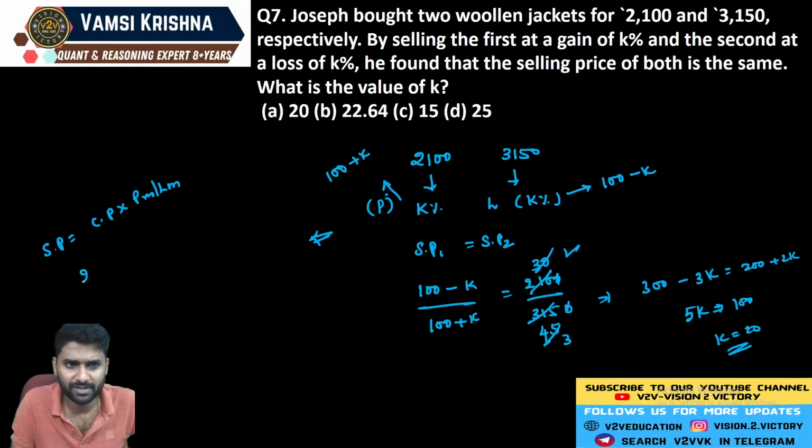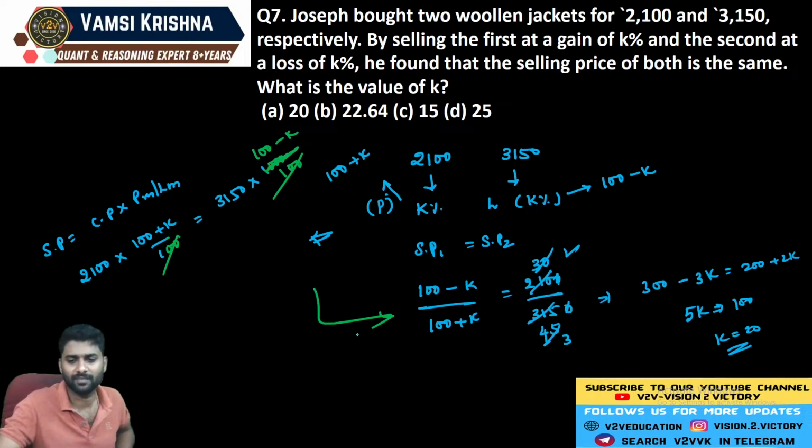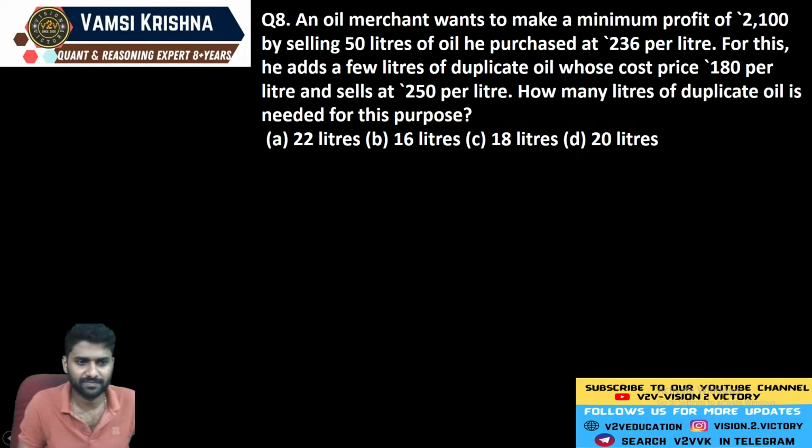So here cost price 2100 is multiplied by (100 plus k) divided by 100, which is exactly equal to 3150 into (100 minus k) divided by 100. So the 100 cancels, and finally you get the same equation. So try to understand the process.